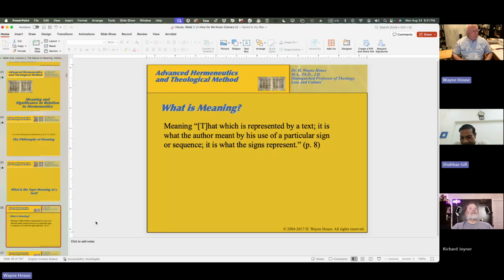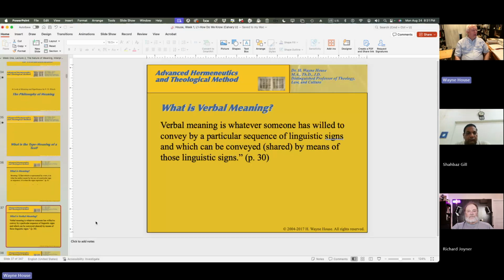Well, listen, so we get to the fact of meaning. Meaning is not just a bunch of words. Meaning has words in a context with an intent. That is very, very important. Let's keep moving. Verbal meaning is whatever someone has willed. See the word willed?